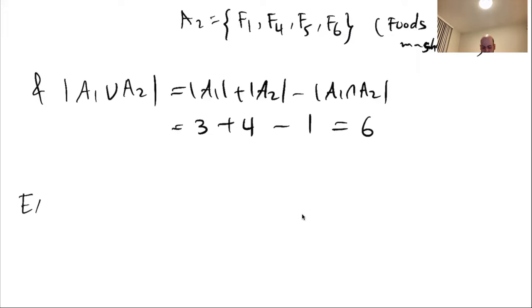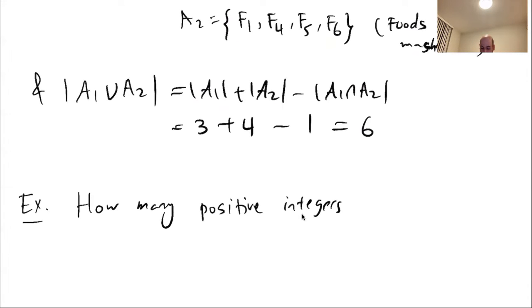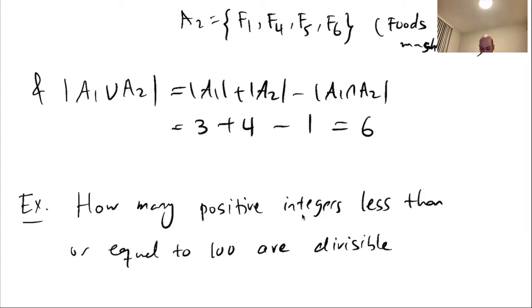Okay, let's look at another example. How many positive integers less than or equal to 100 are divisible by 3 or 7? Let's use the set theory notation.